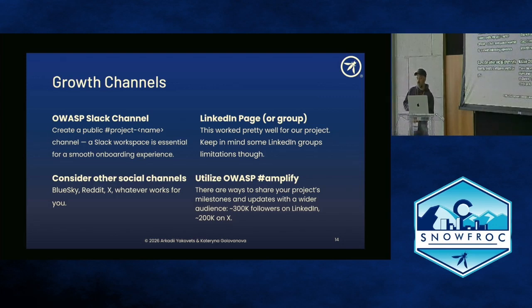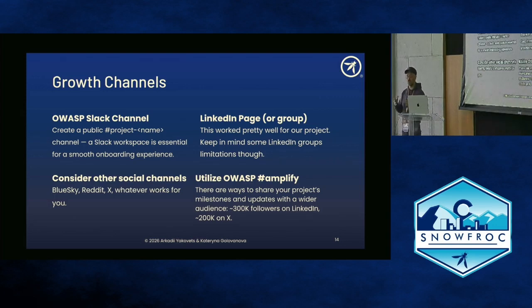You might also be interested in the amplification mechanism. Basically, if you have some sort of update, some great news about your project, you can ask in the Amplify channel on Slack to get your post reposted by the parent account.